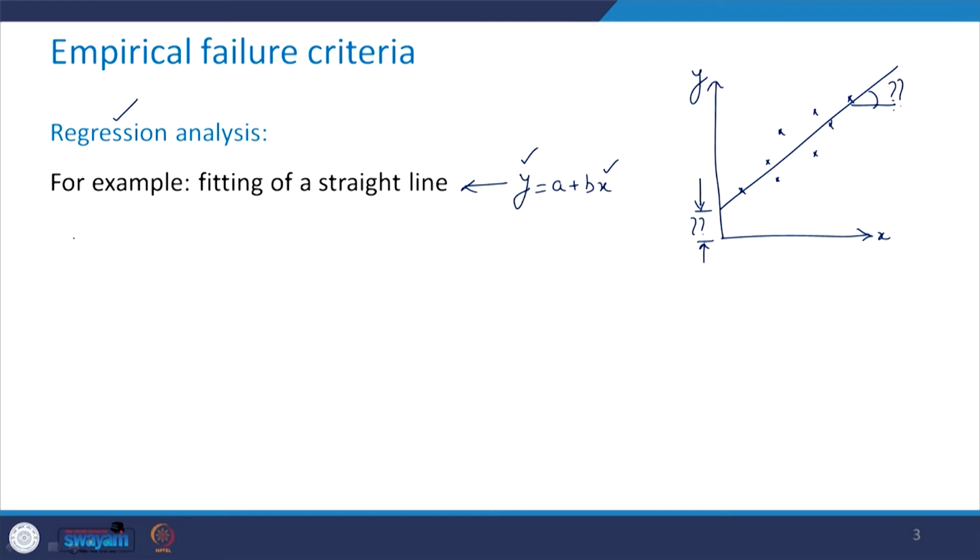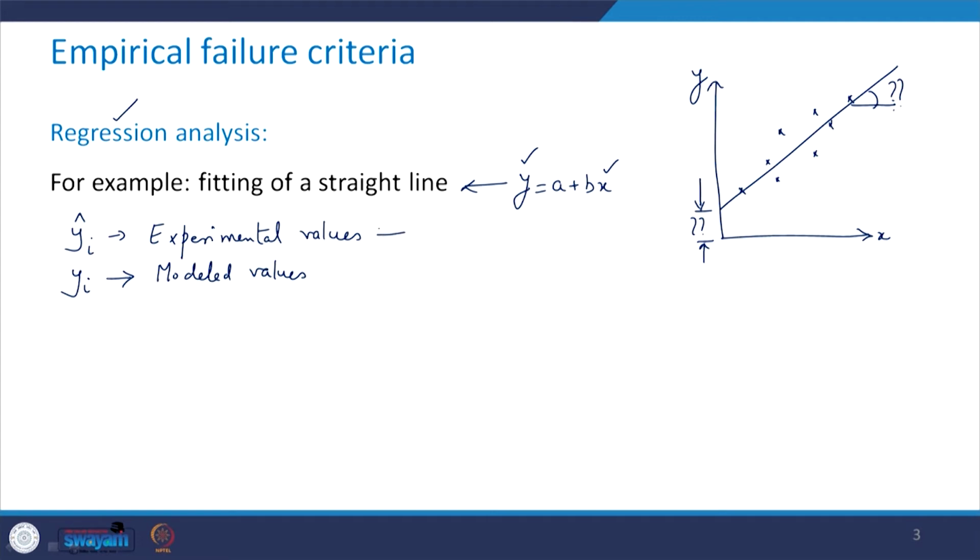Say I represent here y_i cap, these are the experimental values, and I represent another term y_i for the modeled values. What does that mean?